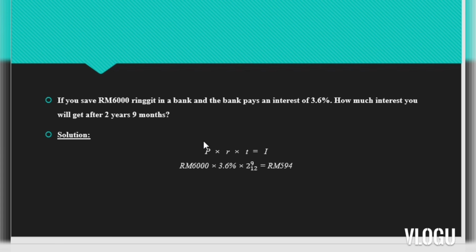So the calculation is 6000 times 3.6% times 2 and 9/12, which will give you 594 ringgit for the interest after 2 years 9 months.